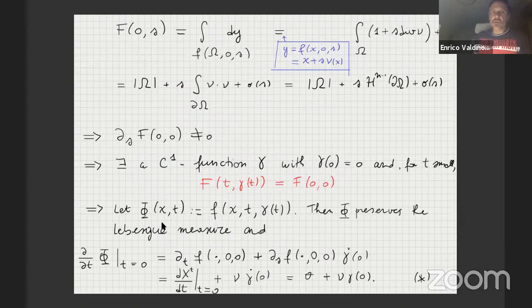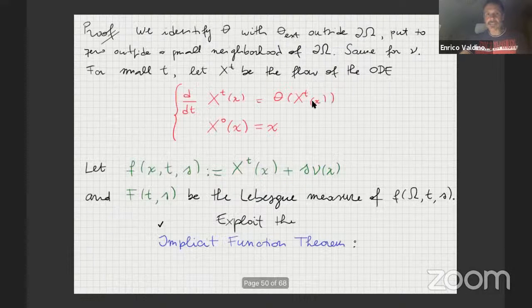So first of all, I compute F at time 0. Well, F at time 0 is the measure of little f at time 0. And of course, I change variables, so I call y to be f of x at time 0, s. But at time 0, this is just x plus s nu.